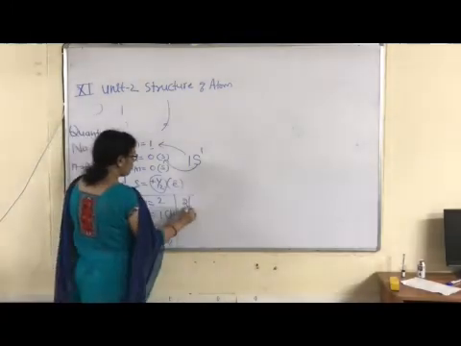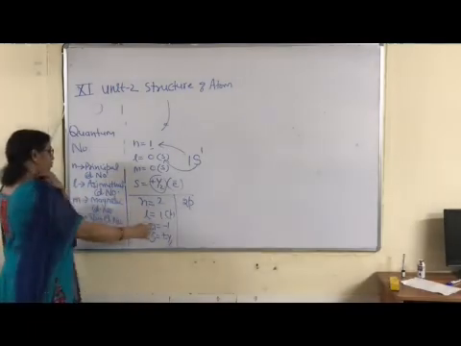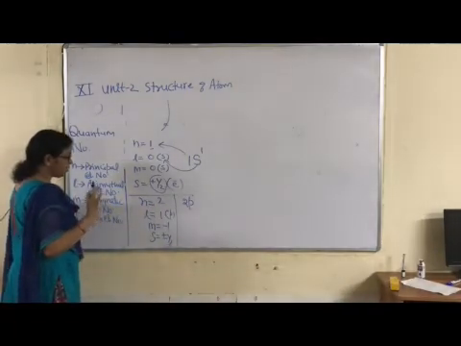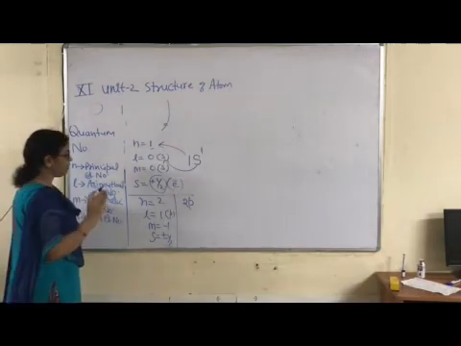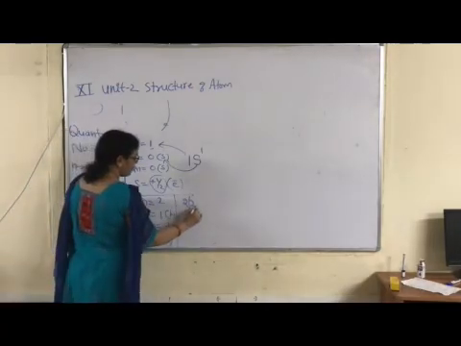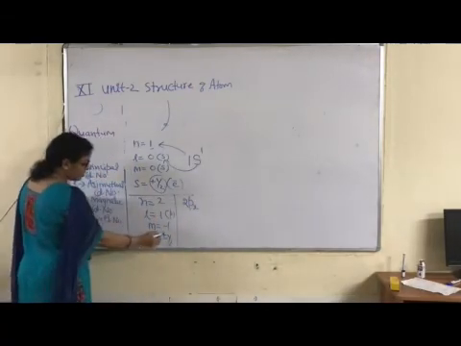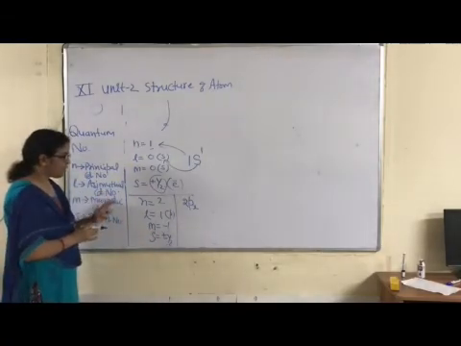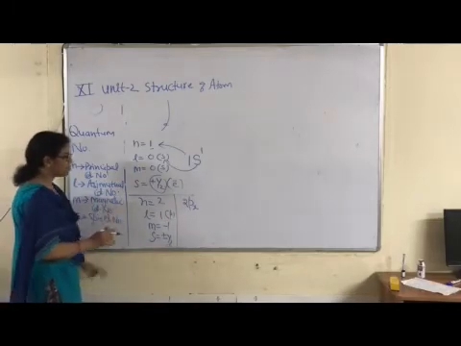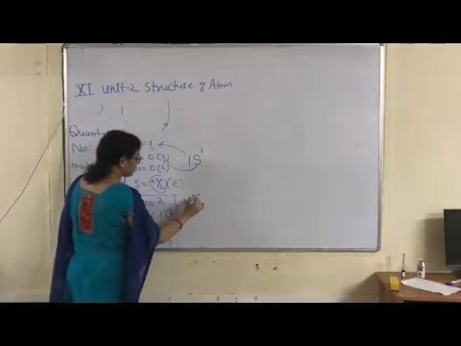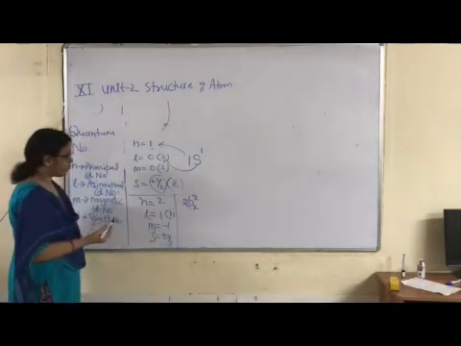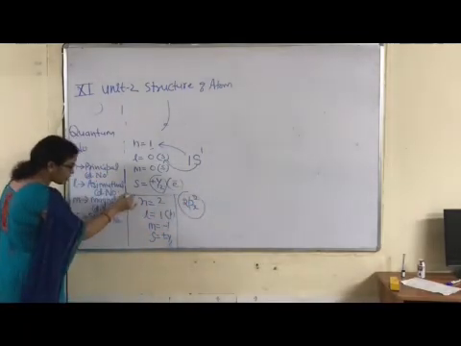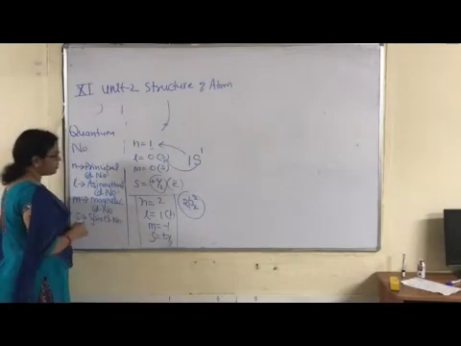Clear? 2p. Here only one value of magnetic quantum number is written, -1, it means px or py, only one orbital. And s is equal to plus minus half. What is maximum capacity of any orbital? To accommodate maximum 2 electrons. So how many electrons are present in this orbital of p subshell? Only 2 electrons. So this is subshell notation for this set of quantum numbers.